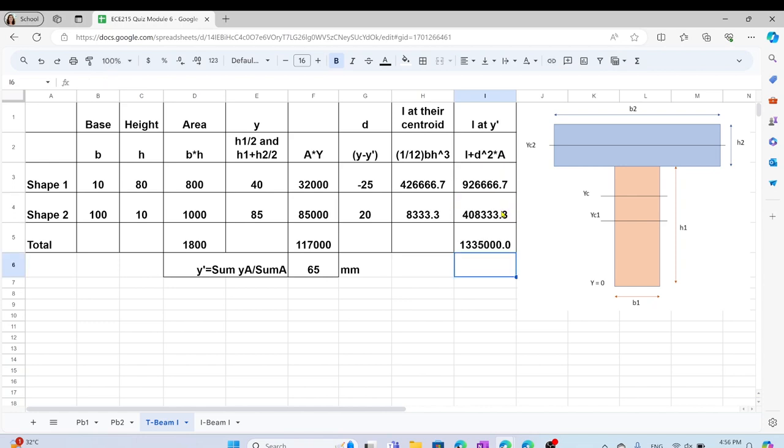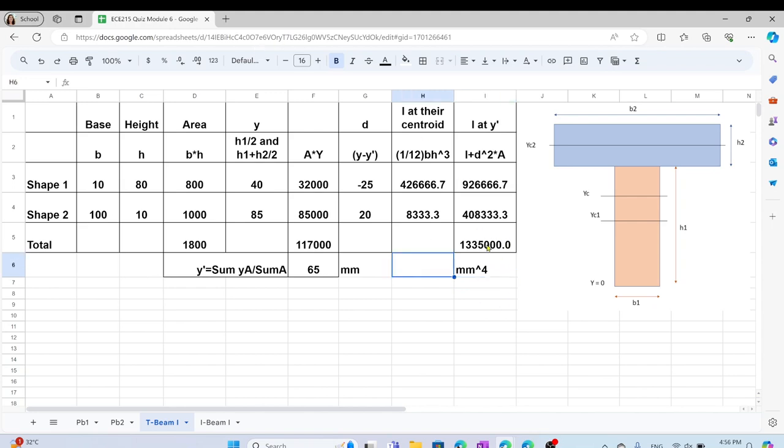Instead of sum, you can write I3 plus I4. That doesn't matter. And this is in millimeters to the fourth for the unit. So the moment of inertia of the T-beam here will be 1,335,000 millimeters to the fourth. It's always a very large number.